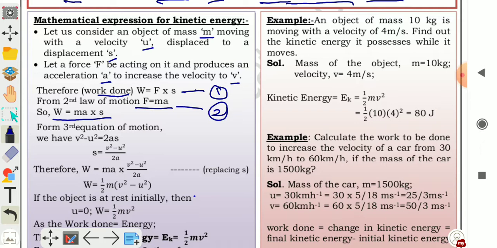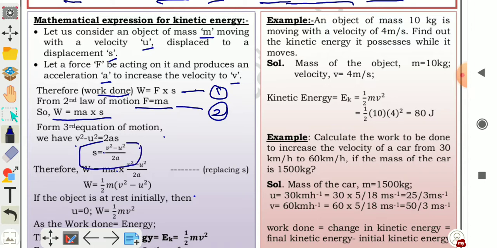Now, from the third equation of motion, v square minus u square equal to 2as. If we find out the value of s, it will be equal to v square minus u square upon 2a.